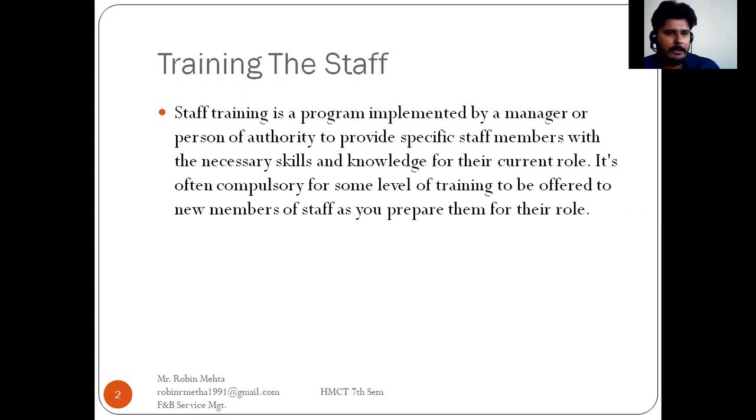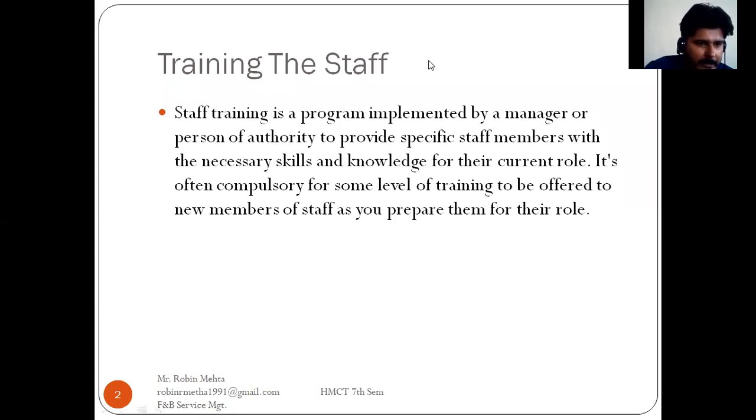Maybe he is appointed as a waiter or a chef, or a server, or a bellboy, GRA, or managers. Senior posts also need training to improve their skills and knowledge.